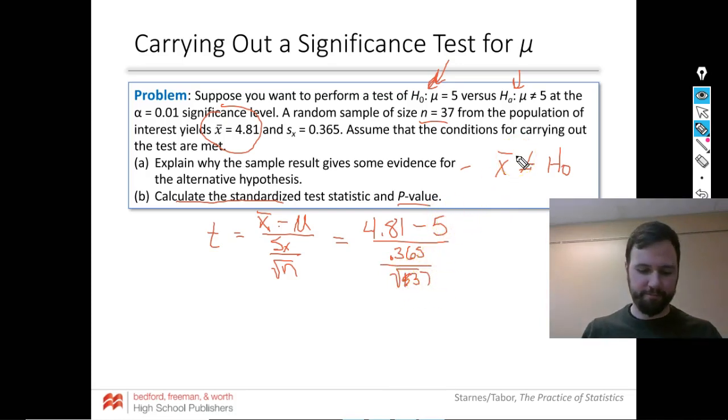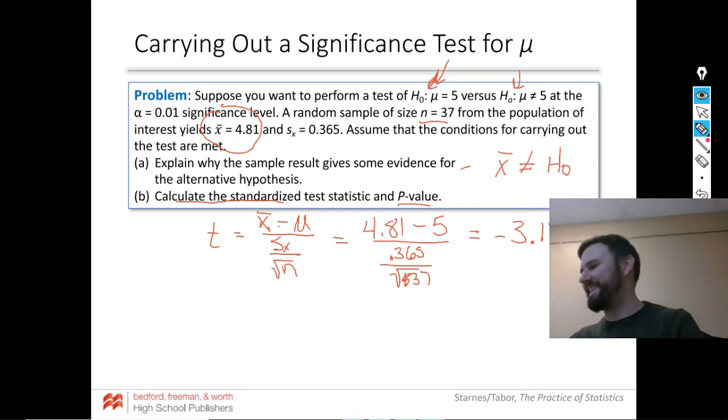I'm going to do this all solo. I got negative 3.17. So that's my t, my test statistic.